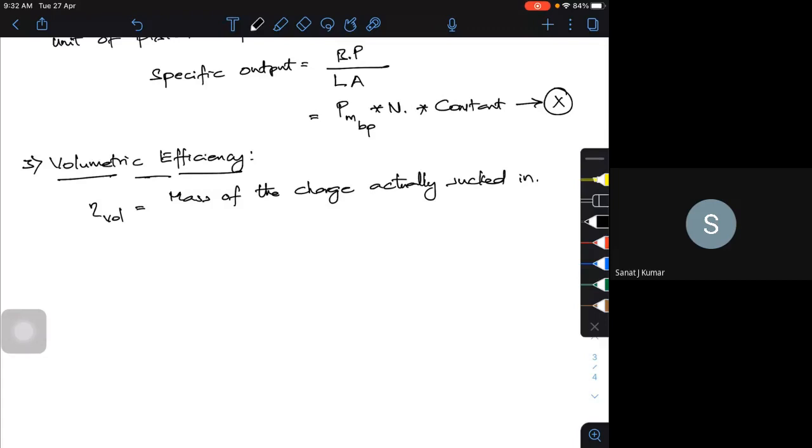We call it the charge, either air or fuel. If I take any engine, how much of the volume of the fuel-air mixture or only the air do I have the capacity to suck in? So what is sucked in is taken to the ratio, and the denominator is the mass of the charge.